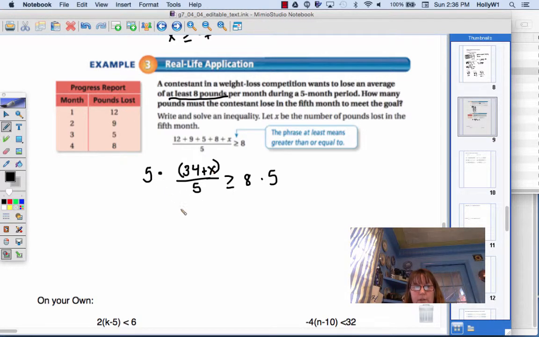So if we do this, these end up crossing out, so we get 34 plus x is greater than or equal to 8 times 5, which is 40. Now we can subtract the 34, and we end up with x is greater than or equal to 6. So he has to lose at least 6 pounds to meet his goal.